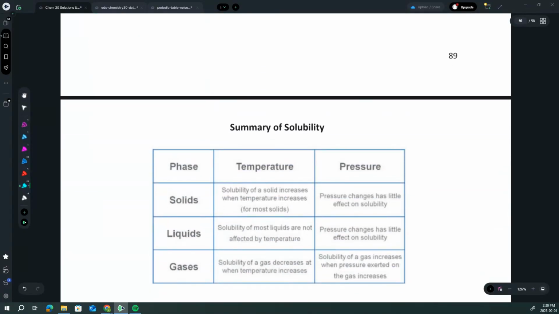Okay, so as a summary of what we've talked about, with solids, if we're talking about temperature, if you increase the temperature, you're going to increase the solubility for most solids. If you think about something like protein powder and you're trying to mix that into, let's say, some milk, okay?